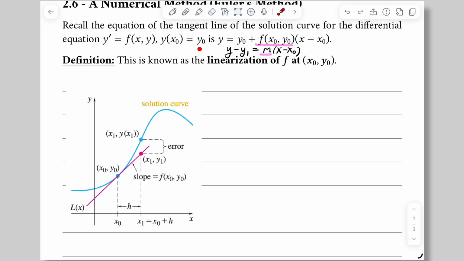y of x naught equals y naught gives a point on the curve, x naught, y naught. At that point, there's a tangent line. The tangent line has a slope given by f of x naught, y naught.